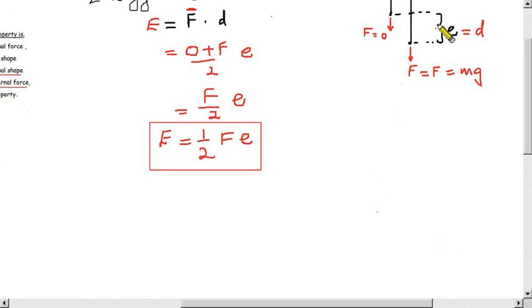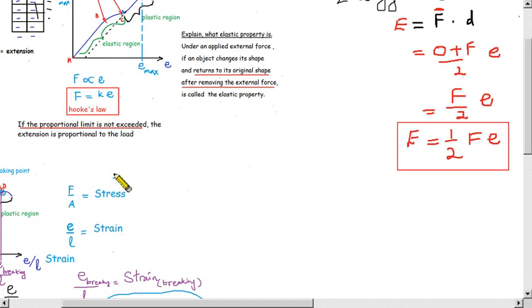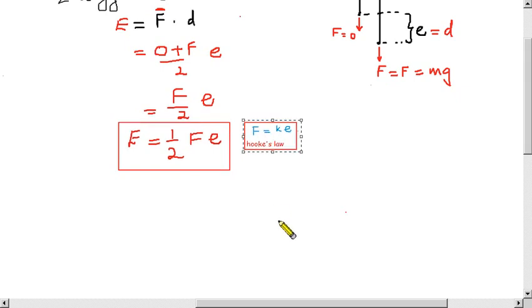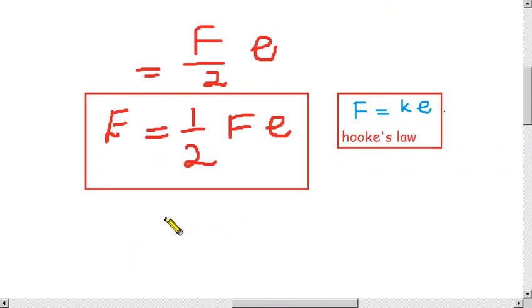So children, now we can go further. There is another equation to find the energy. We can use Hooke's law, which we discussed previously. Now we can substitute from Hooke's law.